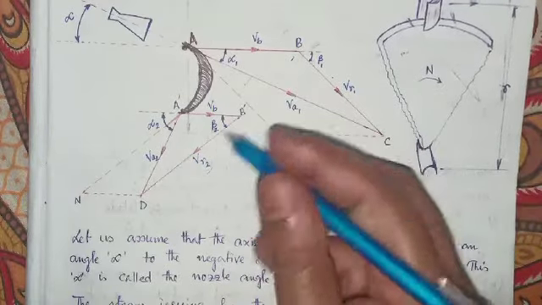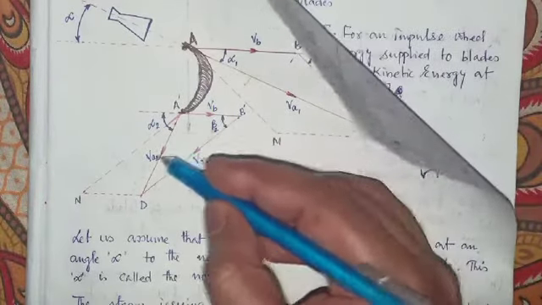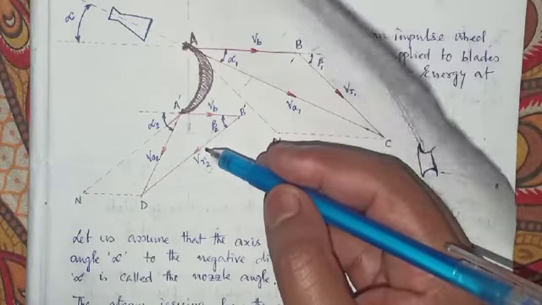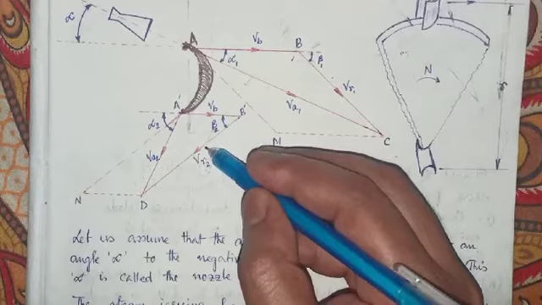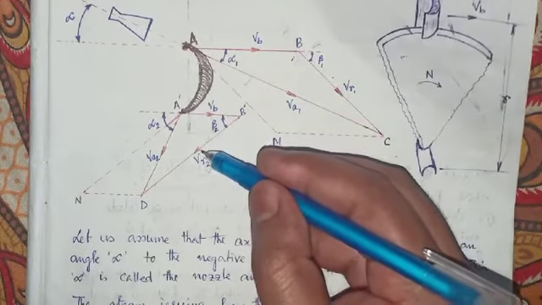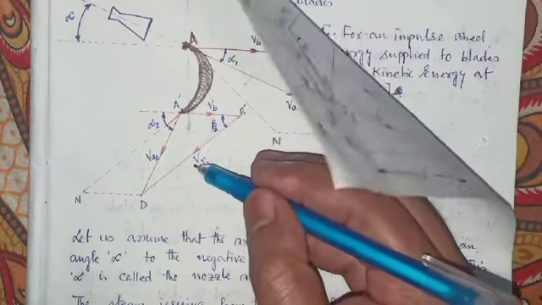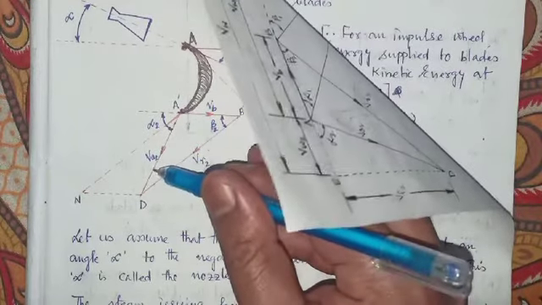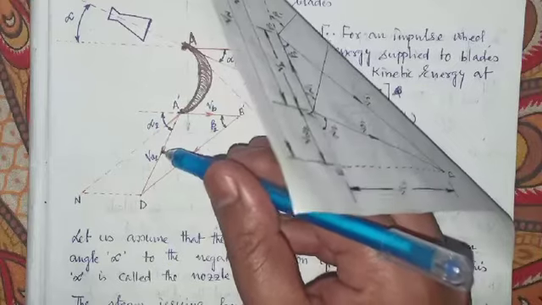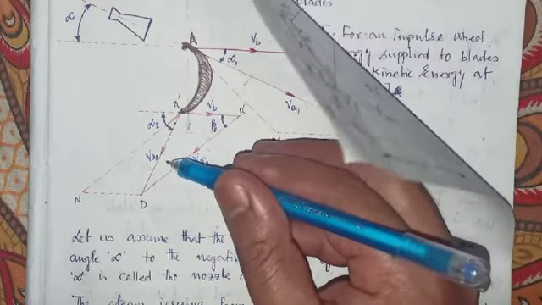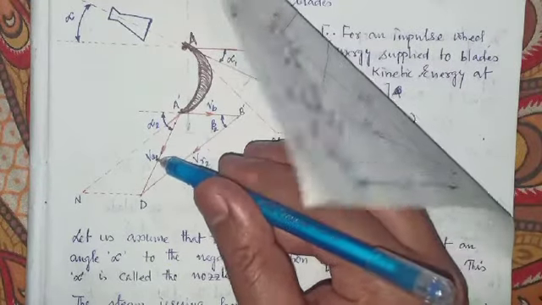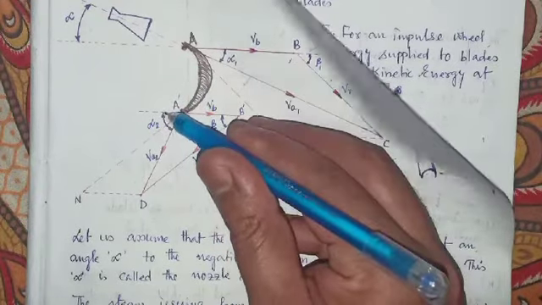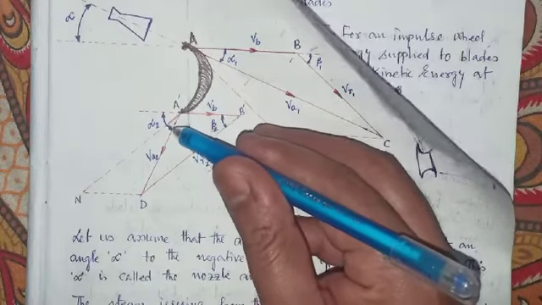The vectorial subtraction among VA2, VR2 and the blade speed: subtracting the blade speed from the relative velocity VR2 gives the absolute velocity at exit, VA2, with its direction alpha 2 with the plane of rotation.